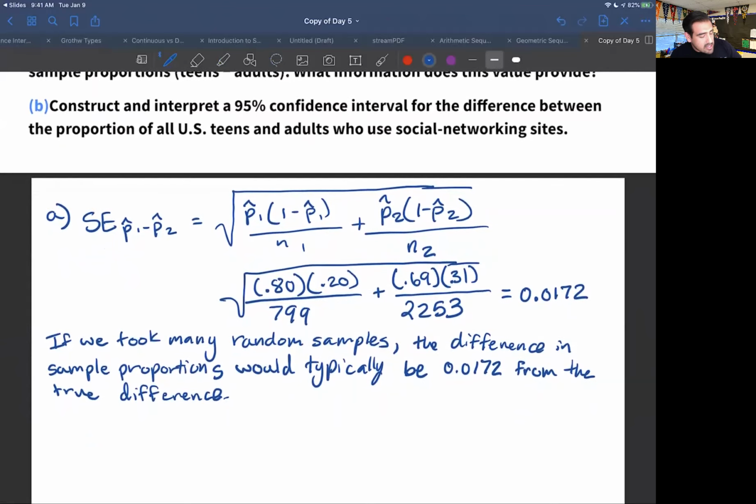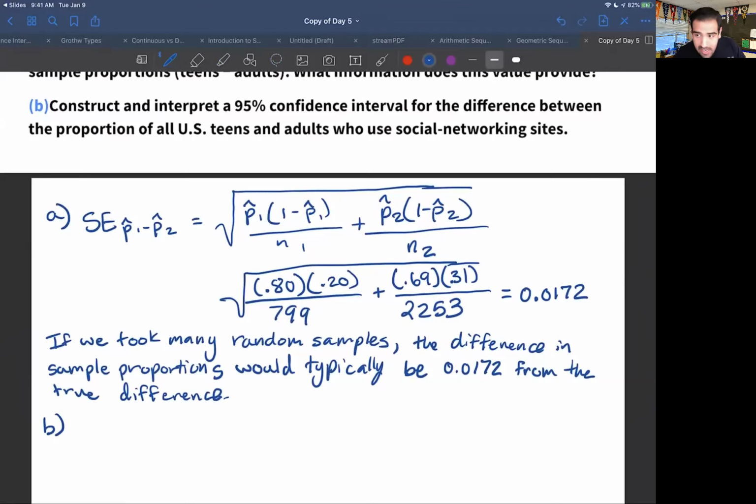B says, construct and interpret a 95% confidence interval for the difference between the proportion of all US teens and adults who use social networking sites. Well, this is an inference method. So before we even begin, we need to follow our process. I need to state what I'm doing.